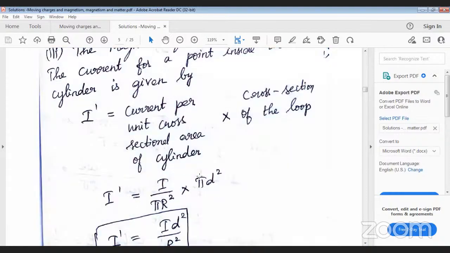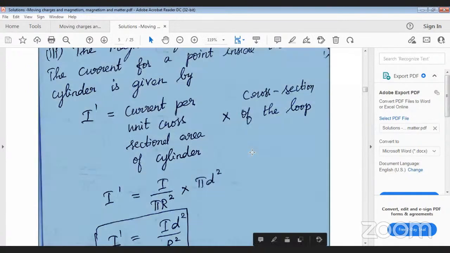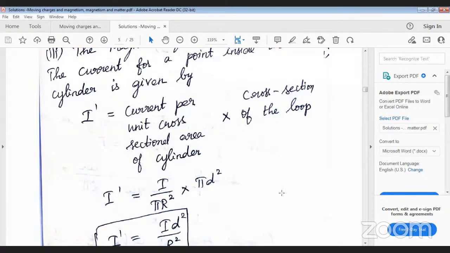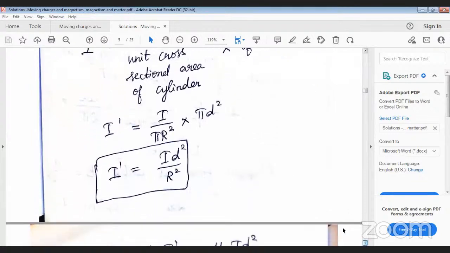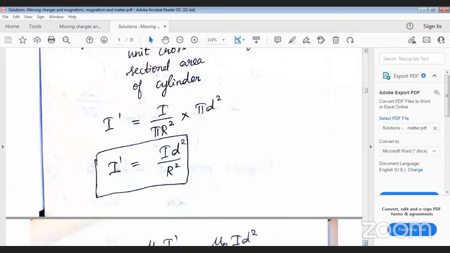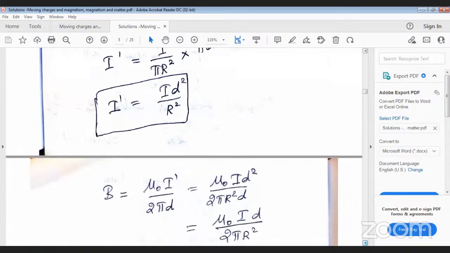So you multiply with the cross section of the loop, pi d square. Then what you will get? You will be getting I prime equals I d squared by R square. From this equation, you can cancel out pi. So here the current is I d squared by R square.